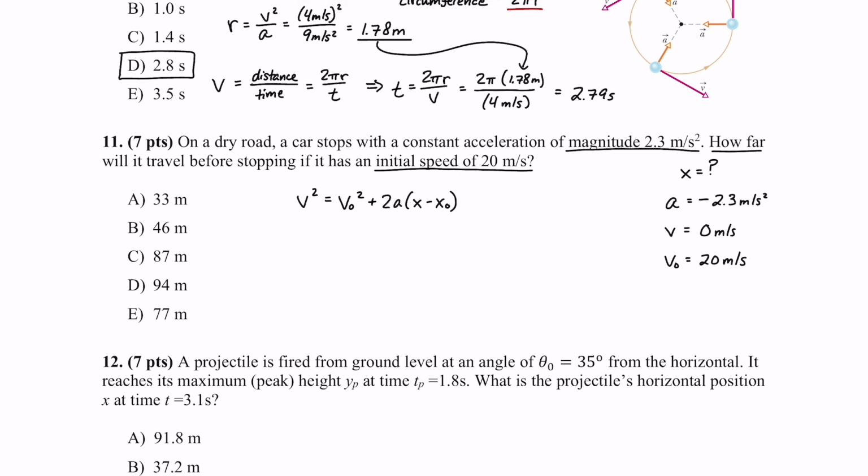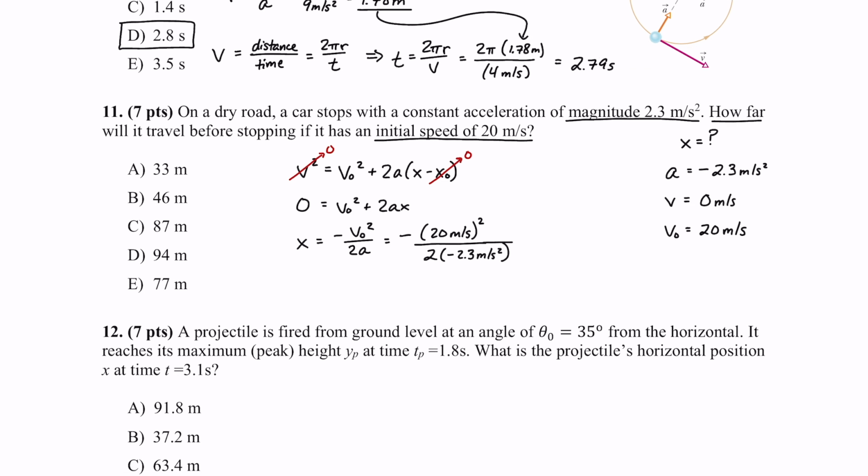We know that our final speed is 0, and we can take our initial position to be 0 as well for simplicity. We can solve the resulting equation for x and then plug in the values we're given. 20 meters per second for the initial speed, and negative 2.3 meters per second squared for the acceleration.